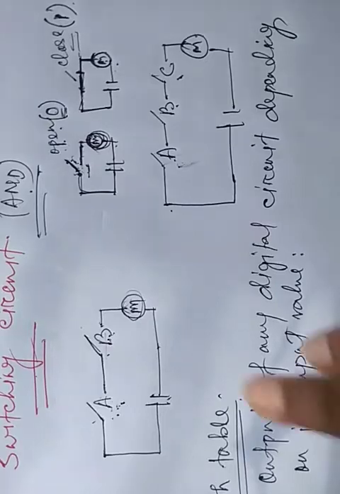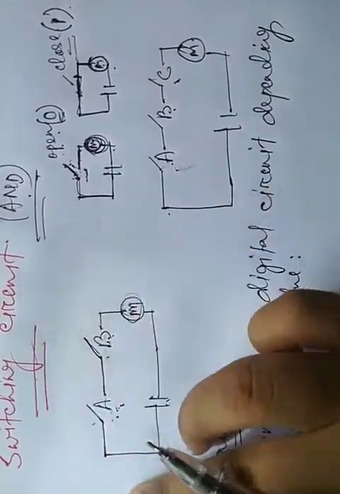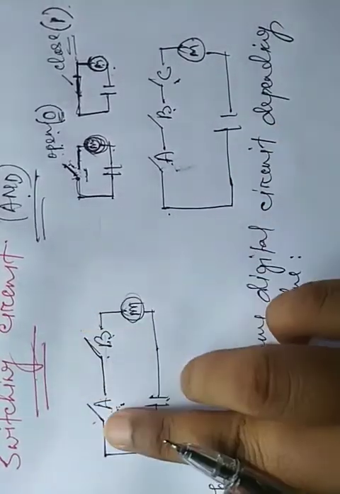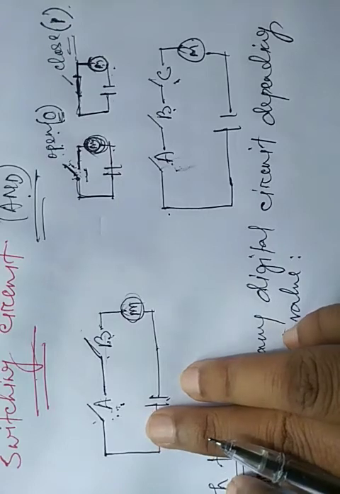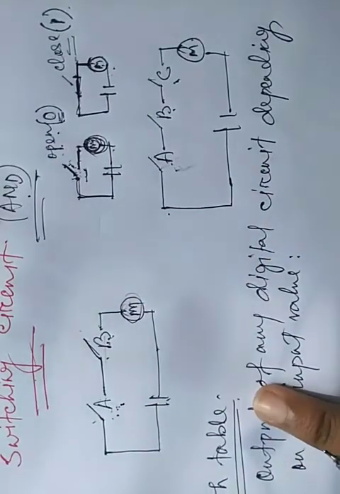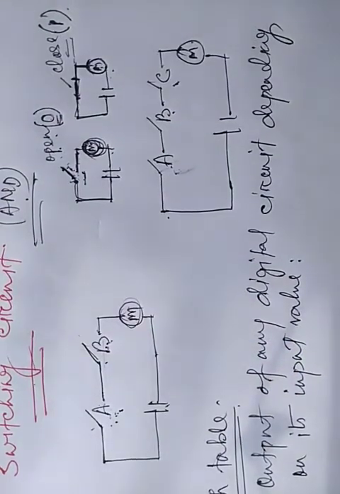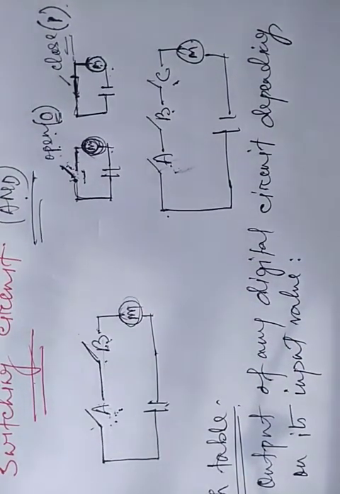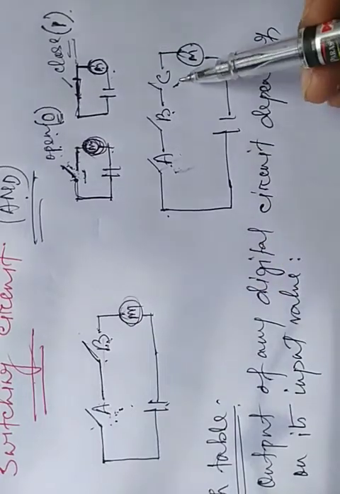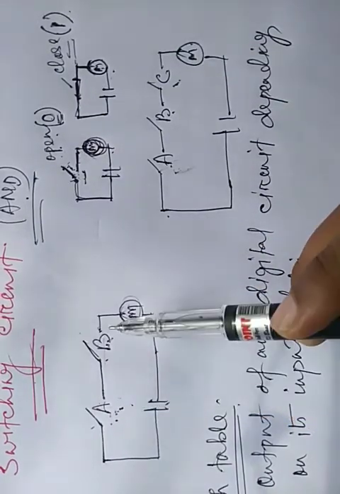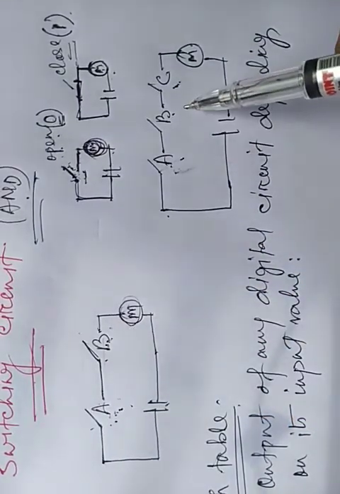Okay, so this is our circuit. By understanding this circuit, we get the truth table. Here in the truth table, there are 2 input values, A and B. I am not doing 3 input values, I am doing it with 2 input values. You will do the truth table of 3 input values.